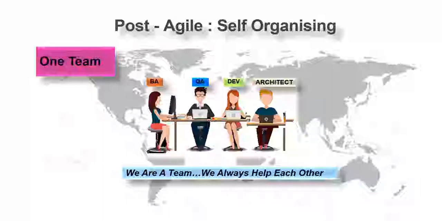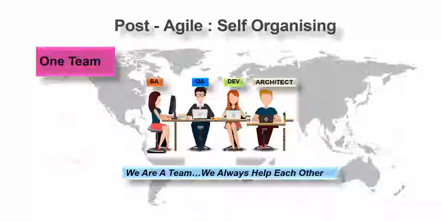As I said, it is not about the technical definition that is important. It is more about change in mindset. I am a BA, I am from a developer background, I am from an architect background, I am from a QA background.